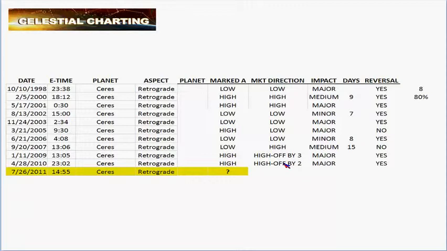If we go back and take a look at our current chart, we can see that there was a high in this pattern just a couple of days ago. So when I complete this tonight or tomorrow and fill this in, it looks like we were at a high and we were off by a couple of days. And you can see that we've got an 80% chance here that maybe this is telling us that we've got some major move underway.